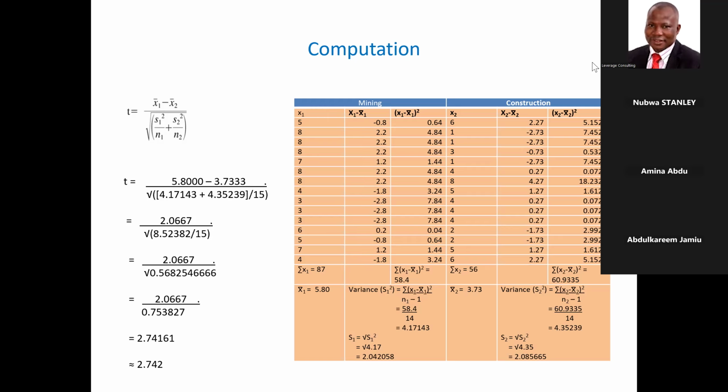That is sigma x over n, 87 over 15, gives you 5.8. The same thing for the construction industry: you list everything, add everything together, it is 56, and you divide by 15, which gives you 3.37.